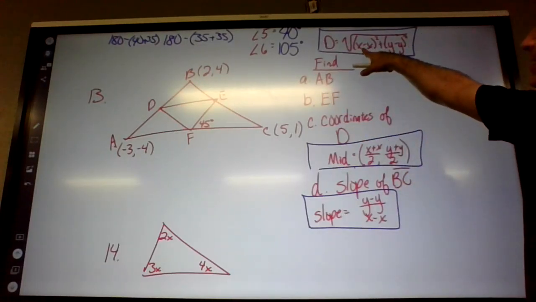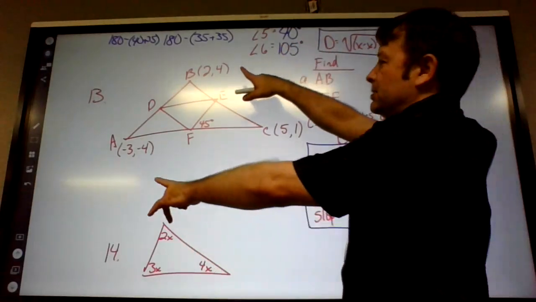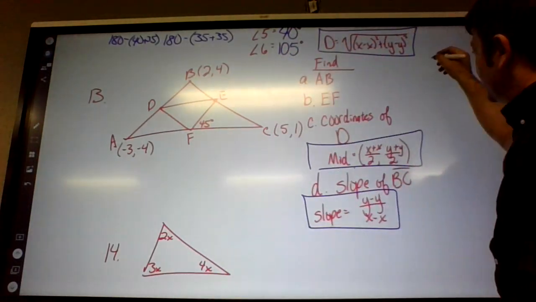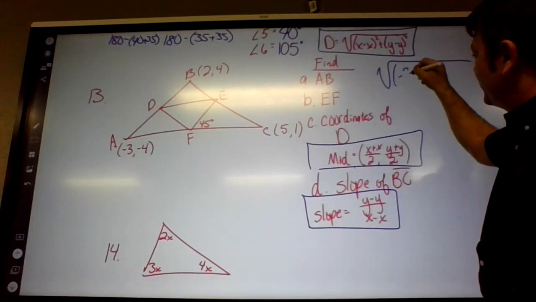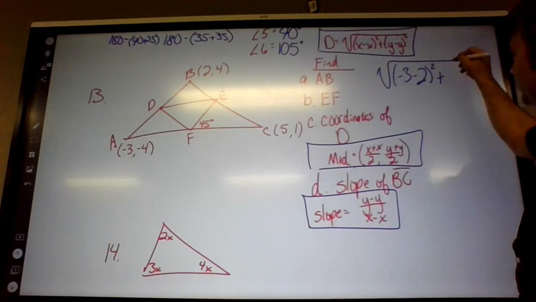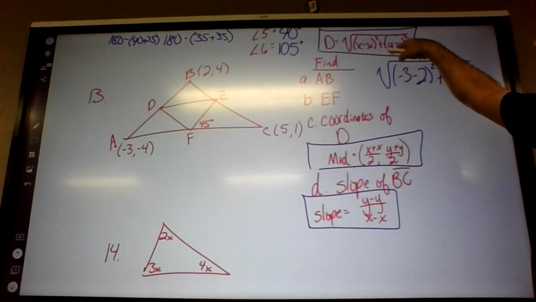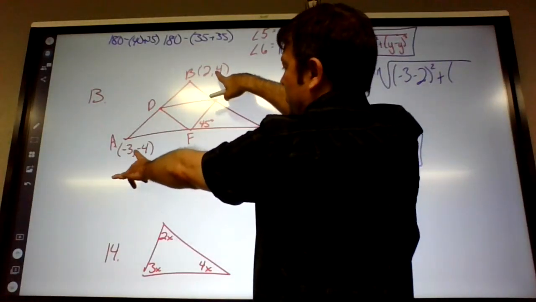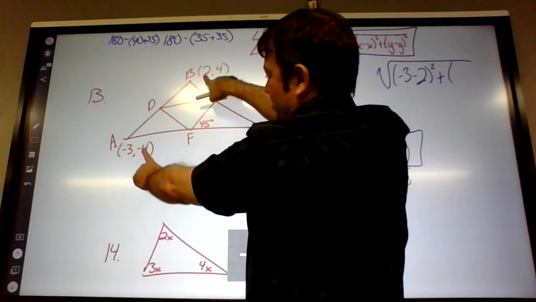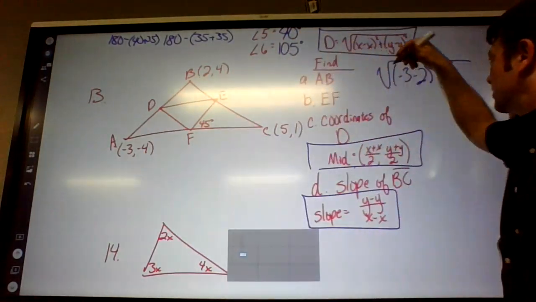So it says x minus x. What are my x values? -3 and 2. So it's -3 minus 2 squared plus, and what are my y's? -4 and 4. So I went -3 minus 2, I need to go -4 minus 4.